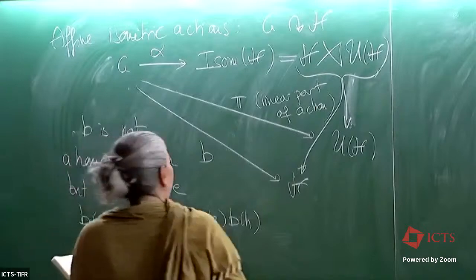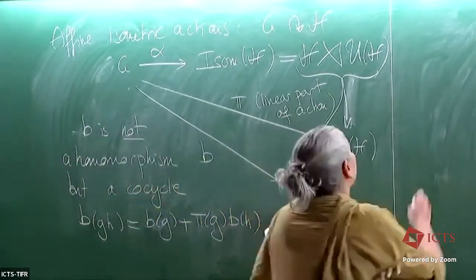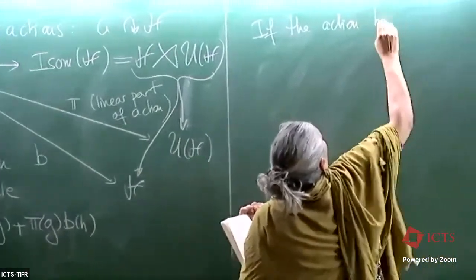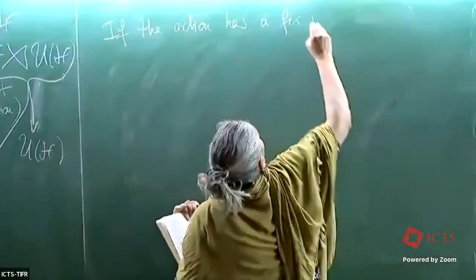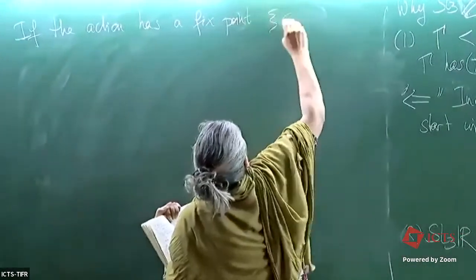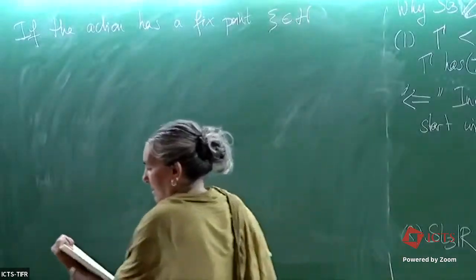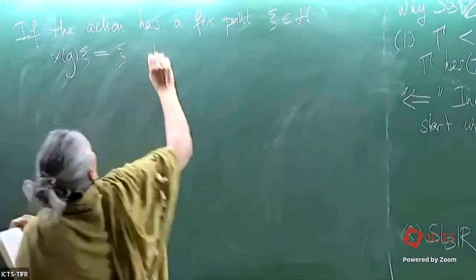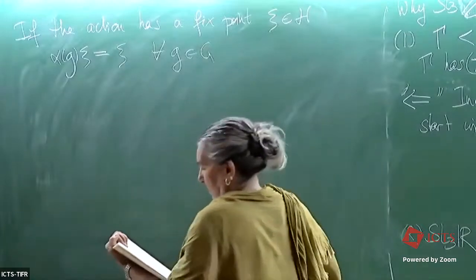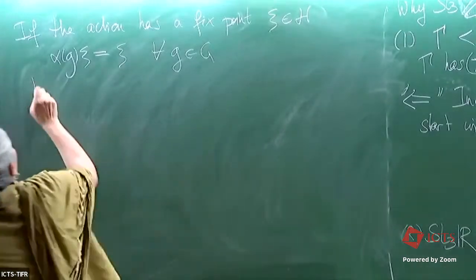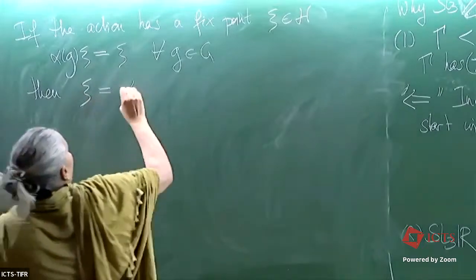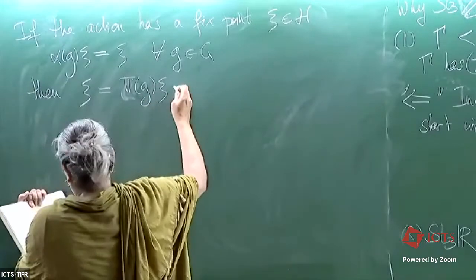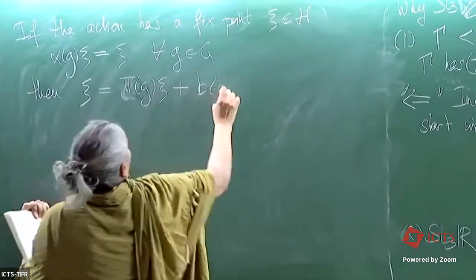Now, what happens if the action has a fixed point? If the action has a fixed point c in H, it means that alpha of g applied to c is equal to c for all g in G, then c is equal to pi of g applied to c plus B of g.